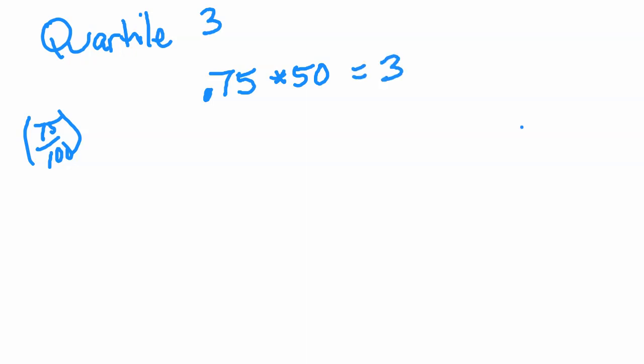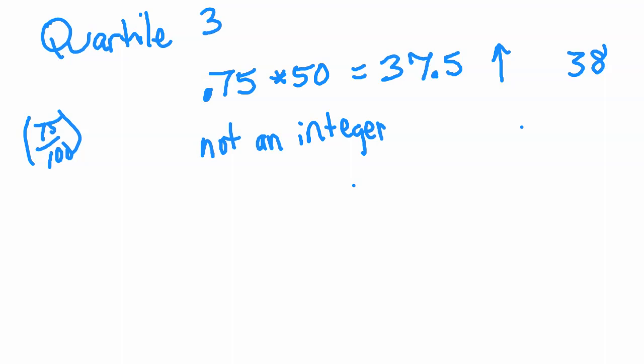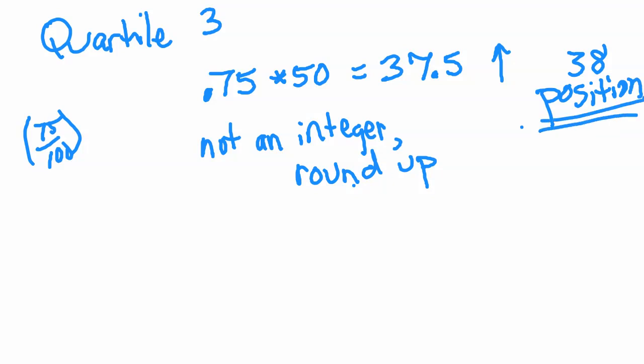Equals 37.5. You would round up to 38. So if it's not an integer longhand, you round up always to find the quartiles. So position, this gives us your position. Position 38 should be where 75% of the data is below or equal to that number.